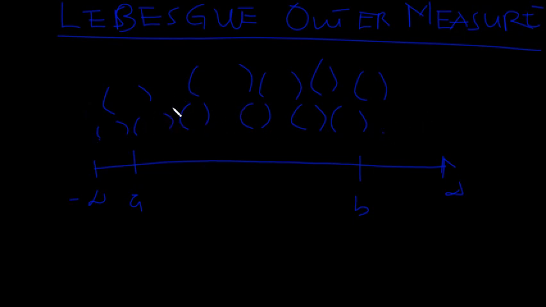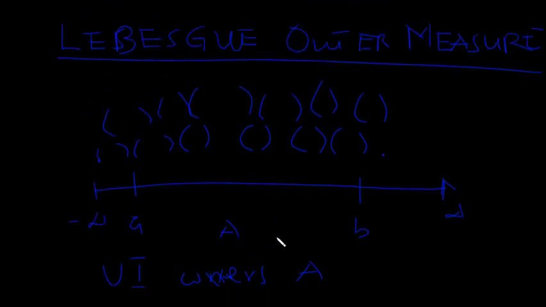They are not disjoint. So let me try to draw something over here. The union actually is from here to that point. So you can see that the union of these intervals covers A.